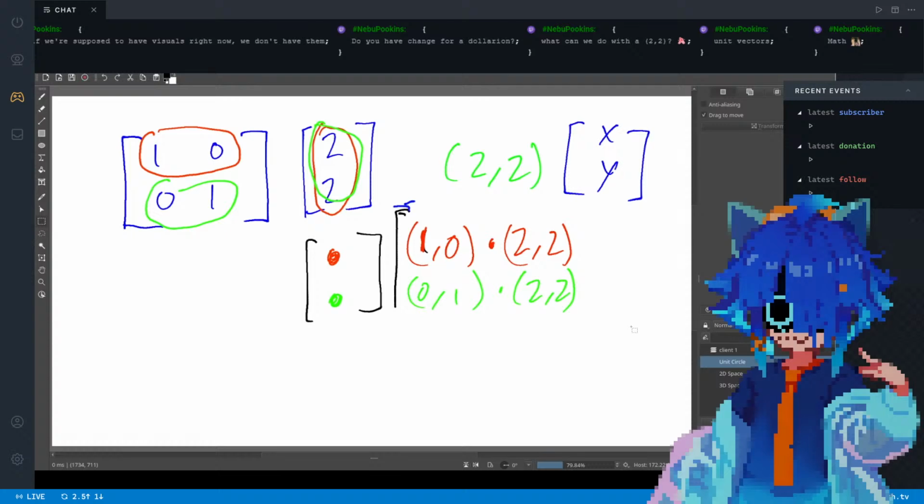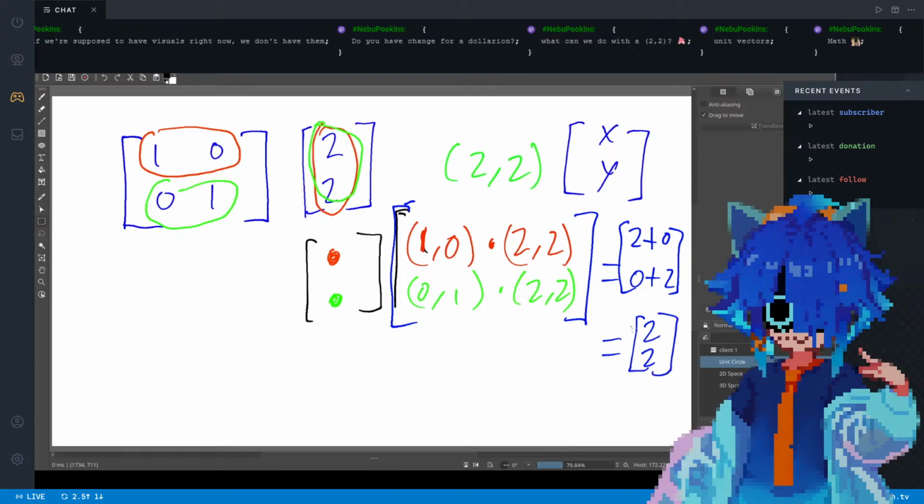Well, when we work it out, 1 times 2 is 2 plus 0. And 0 times 2 is 0 plus 2. So this should give us the vector 2, 2. Wait a second, nothing changed. It turns out that this matrix, where we have 1s running along the diagonal and 0s everywhere else, is called the identity matrix.